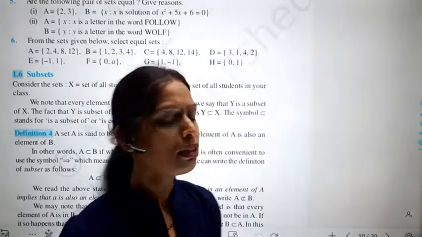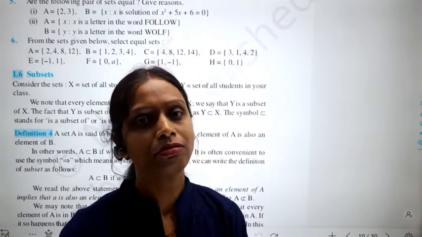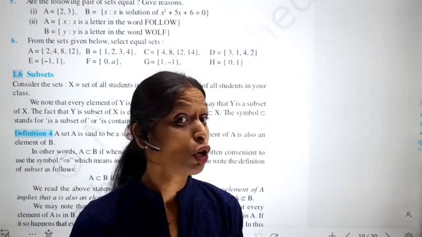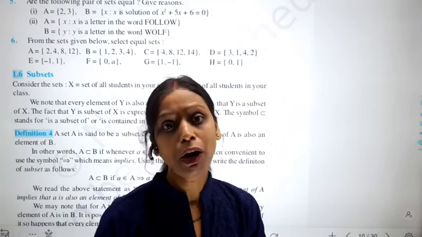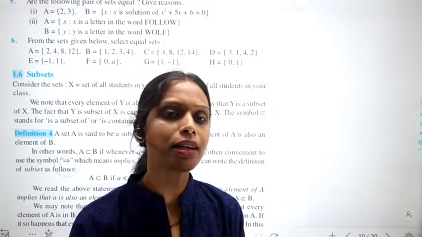Like, let us suppose A is equal to set of days. Then how much element will be in our universal set? Sunday, Monday, Tuesday, Wednesday, Thursday, Friday, Saturday.